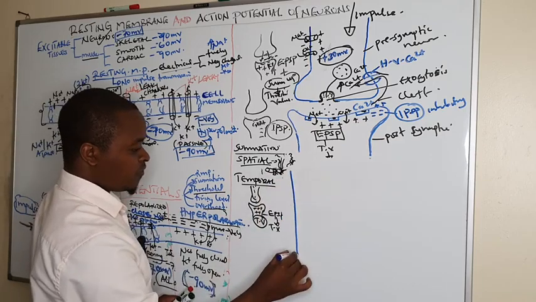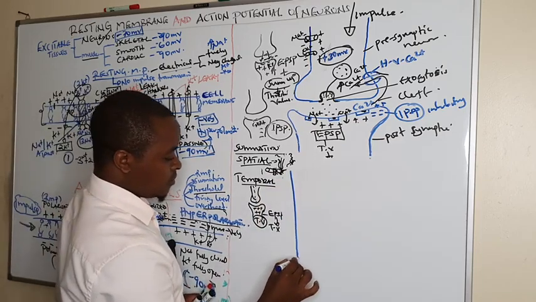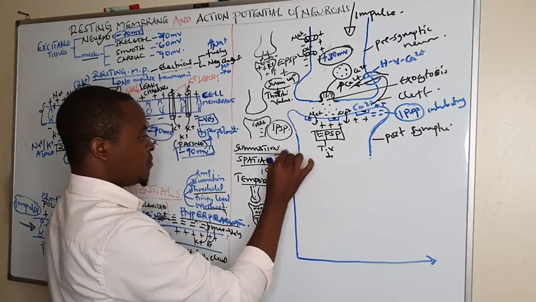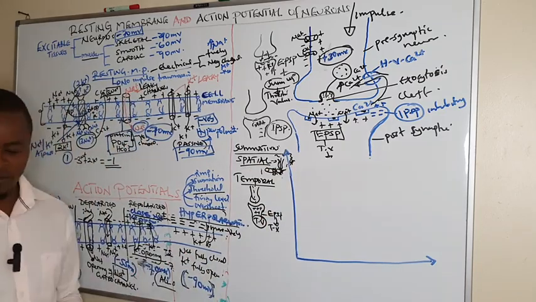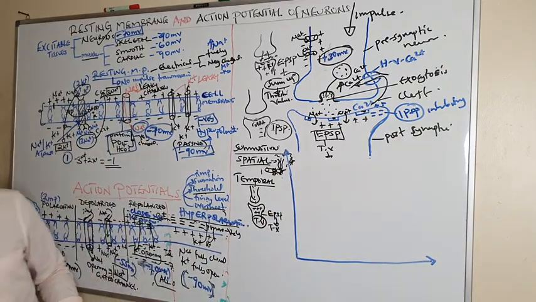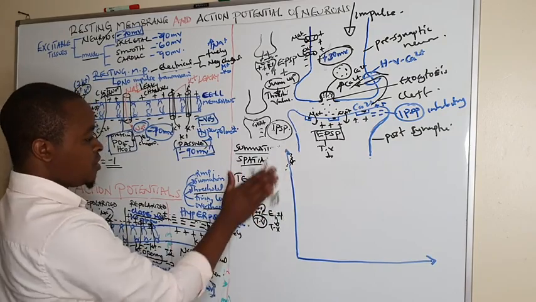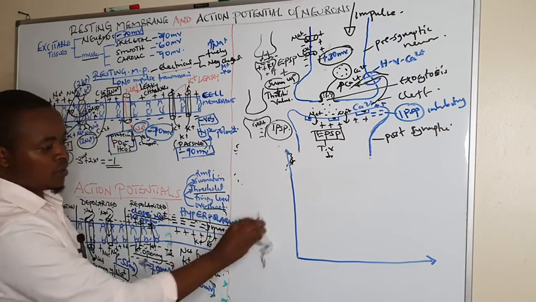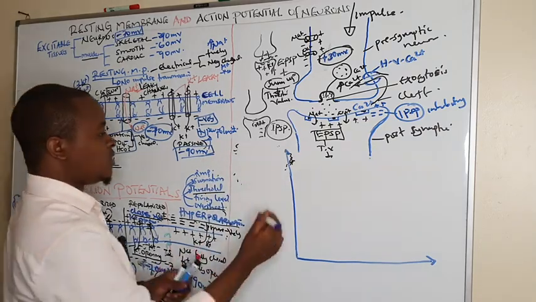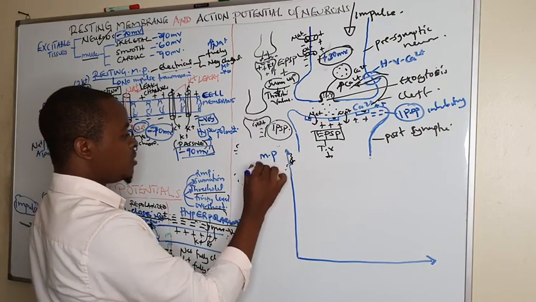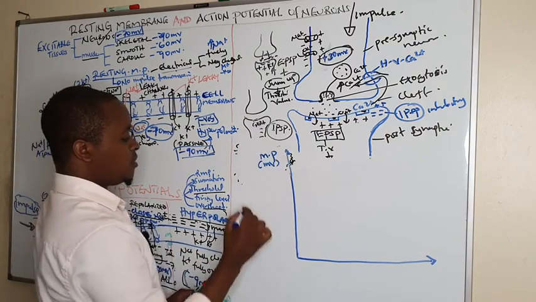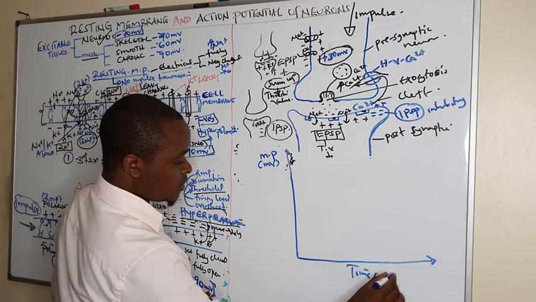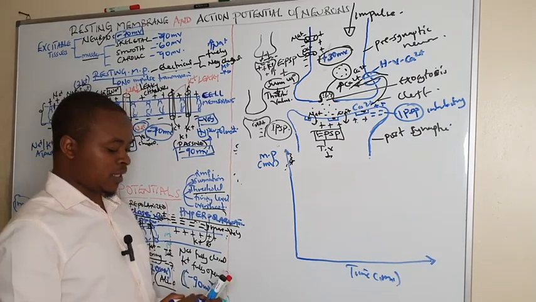If I have a graph like this, this is the graph I'm going to have as I sum up our discussion, whereby this axis is the membrane potential in millivolts, and this one is time, measured in milliseconds.